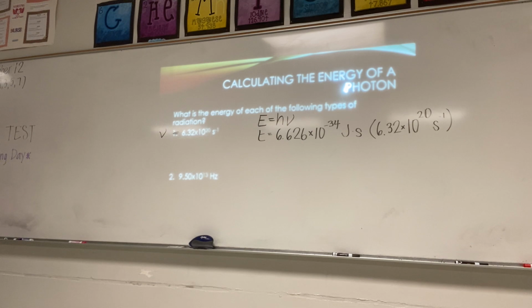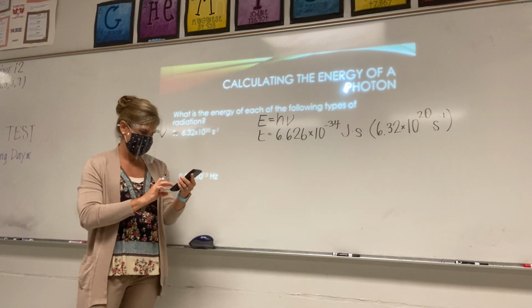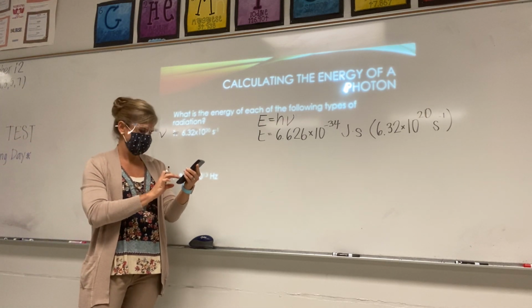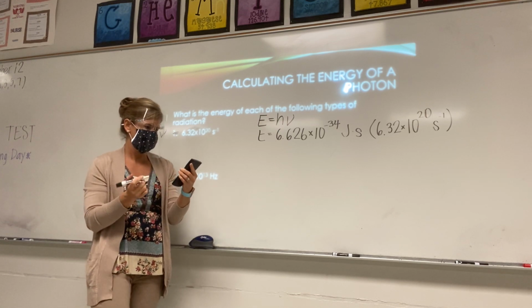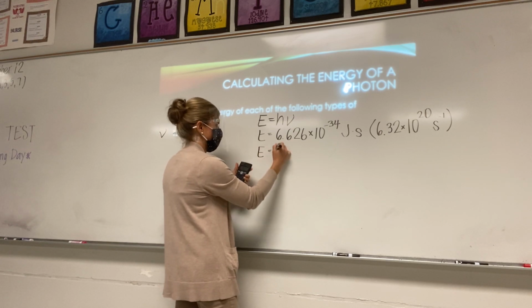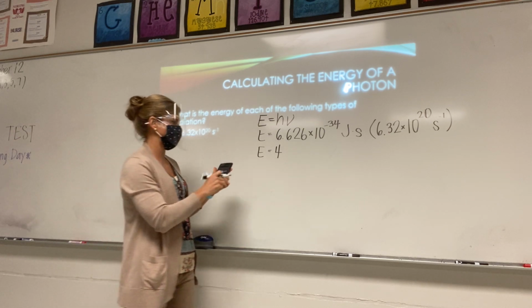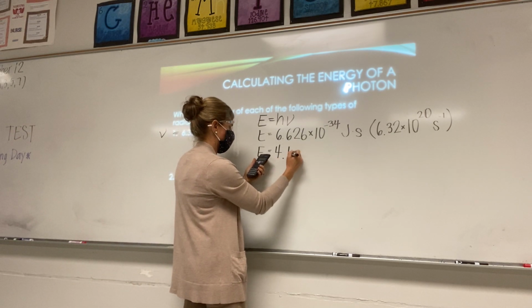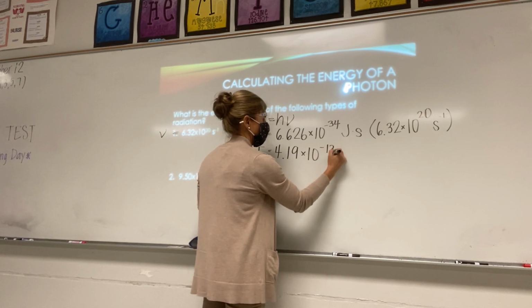So use your calculator here. Multiply those two numbers. And you should get an energy equal to, we have 3 sig figs here, so our answer should be in 3 sig figs, 4.19 times 10 to the negative 13th.